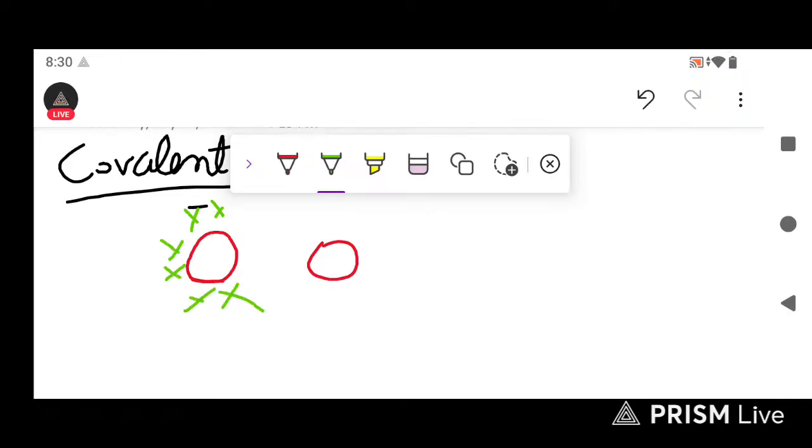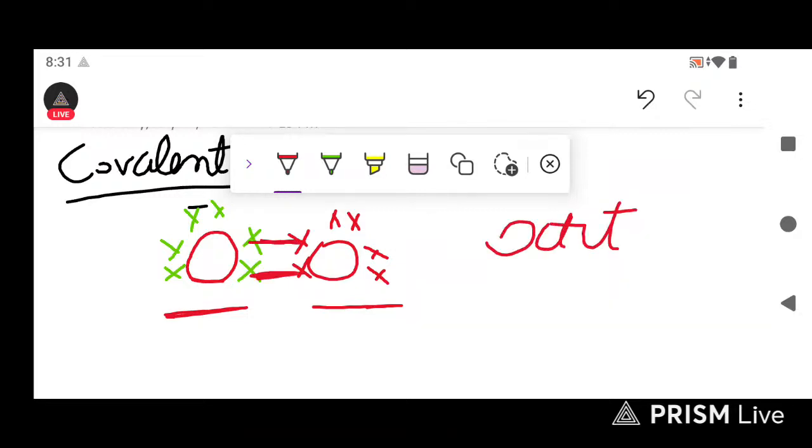The number of electrons in oxygen is six, and in the other oxygen also six. Each needs two more to complete its octet, so they share two electrons and form a double covalent bond. The double covalent bond is formed between the oxygen atoms, so we show it as two small lines.